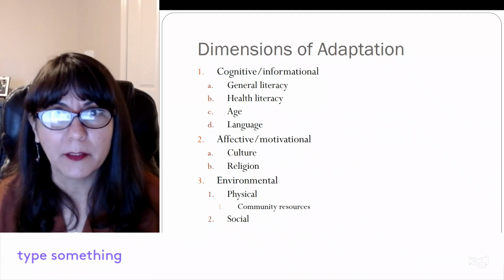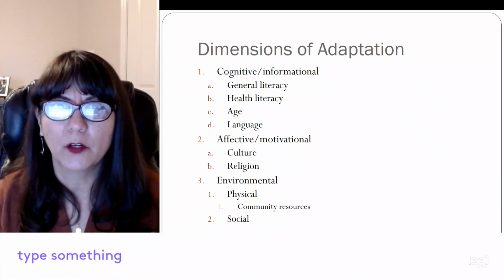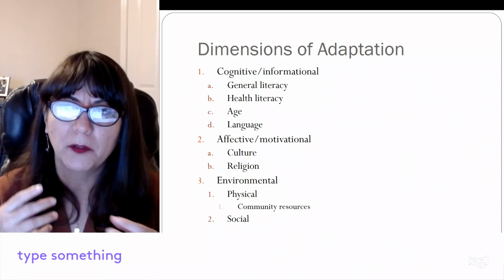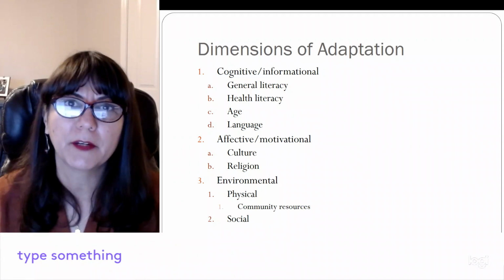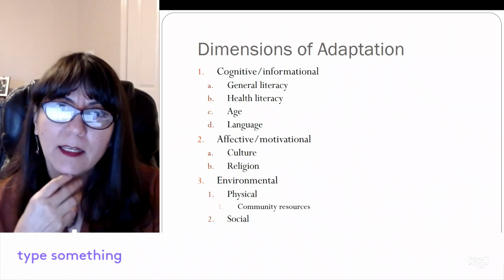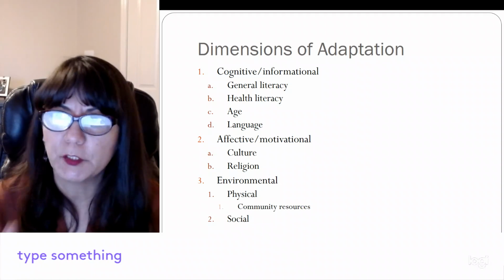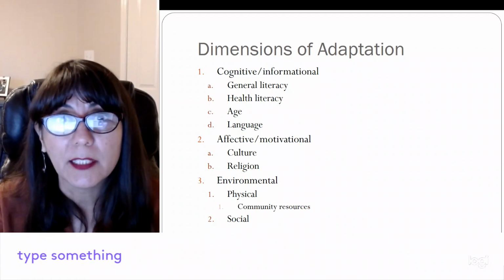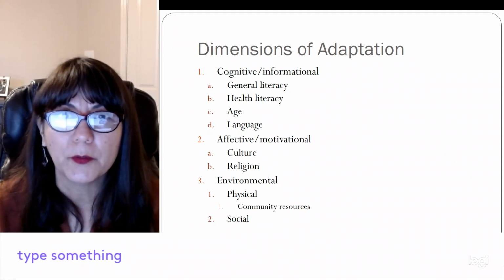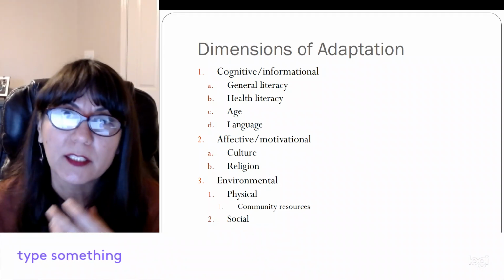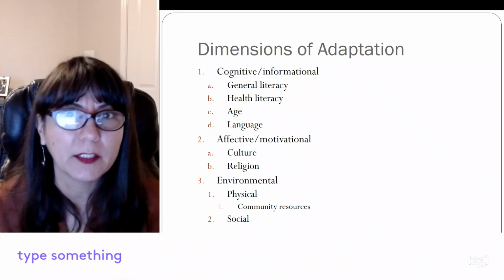Age is a big thing, right? So whether we're working with young or older people, elderly or very young people, whatever age group of adolescents, the developmental stages influence our ability to comprehend certain information and to assimilate it, right? And what kind of repetition is required throughout the intervention.